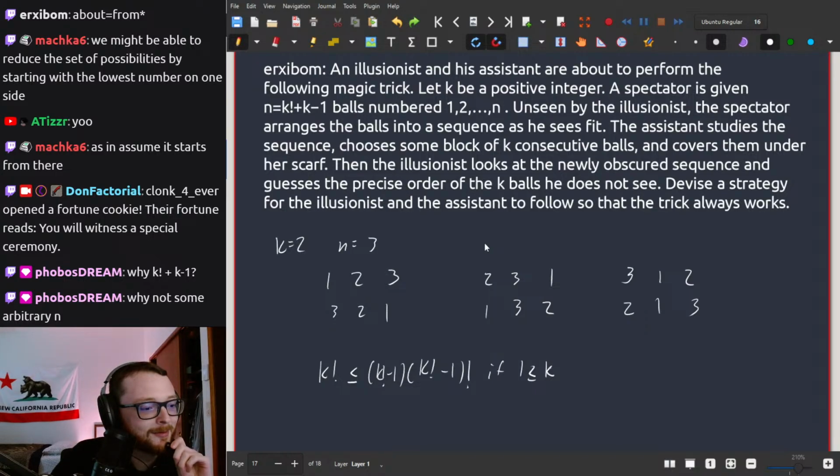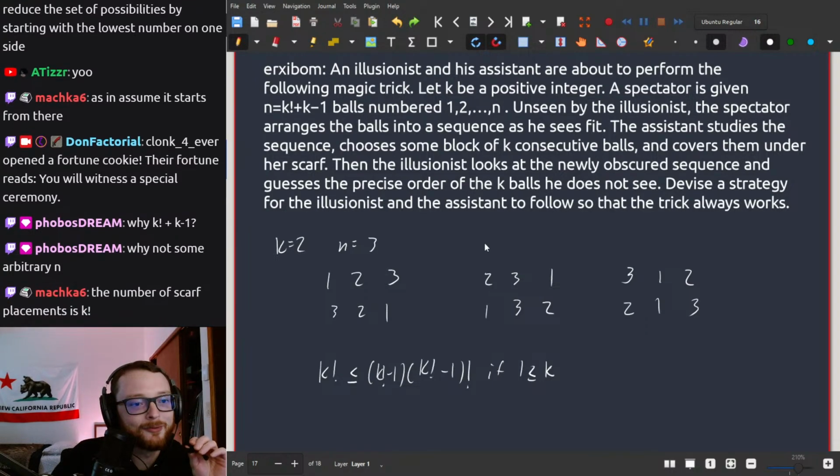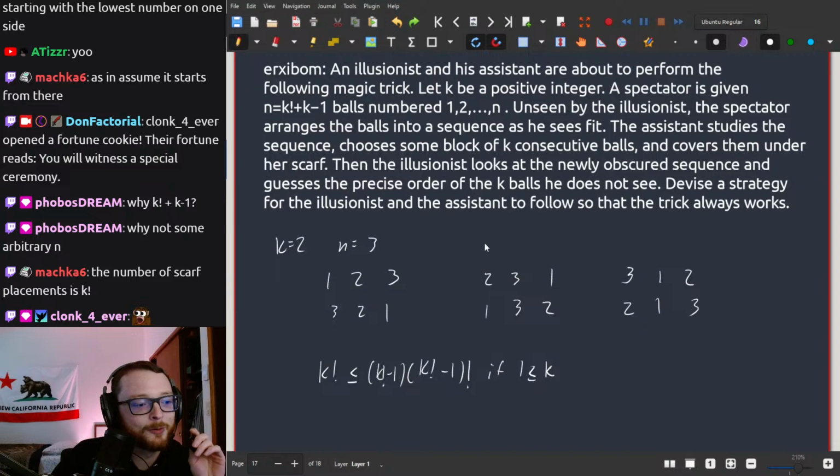that's fun. I don't know, Phobos. That's been bothering me. It's a very specific number. The only thing is, once you cover up k many balls, you have k factorial minus 1 remaining.